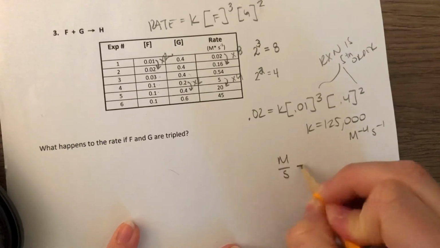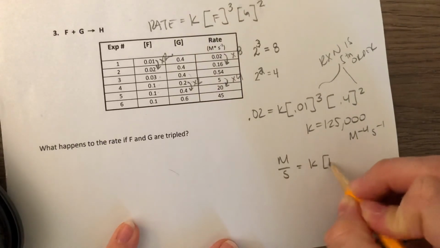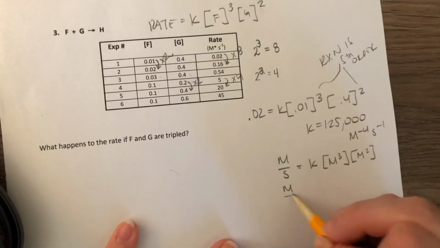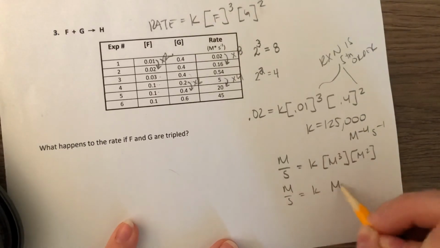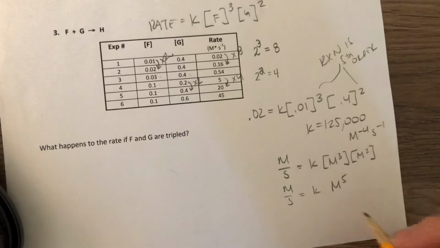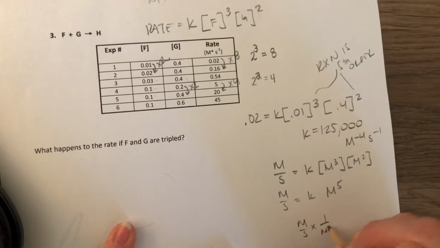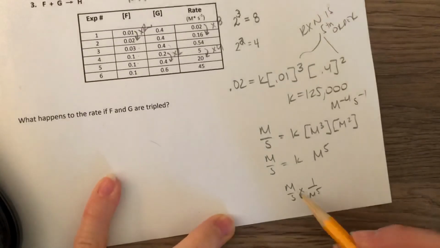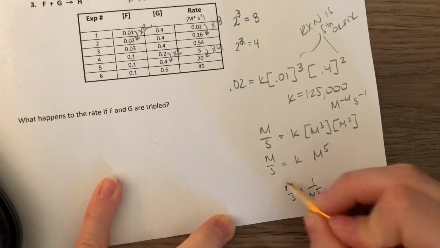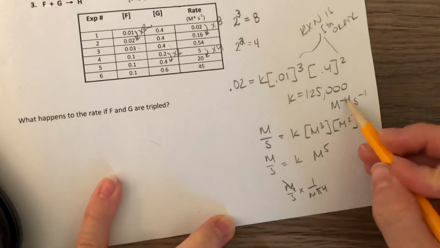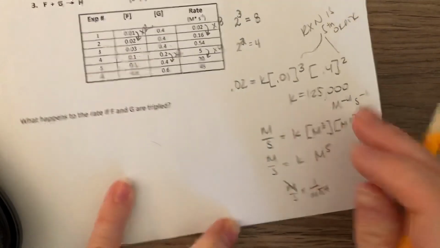So molarity over seconds is equal to K times molarity cubed times molarity squared. That's molarity over seconds equal to K, molarity to the 5th. If we divide both sides by molarity to the 5th, we get this. Well, molarity divided by molarity to the 5th is 1 over molarity to the 4th. So hence molarity to the -4, seconds to the -1.